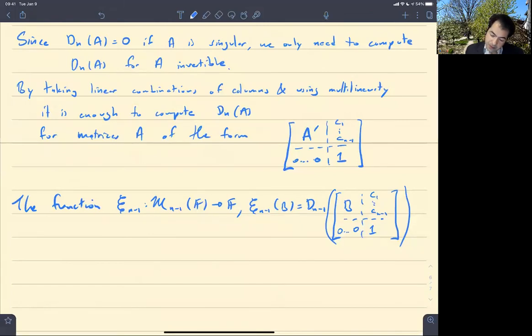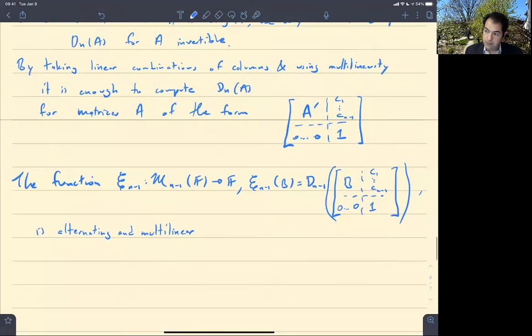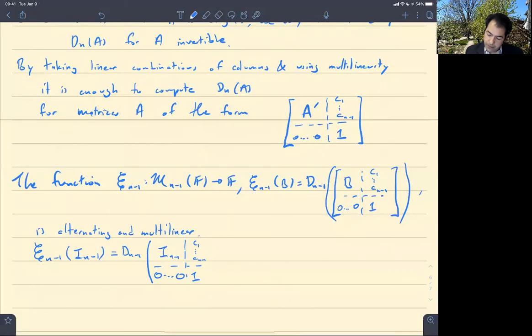Okay, but now it's easy to see that this function is alternating and multilinear. If you start with the n minus 1 times n minus 1 identity matrix, then you would have d_n of the identity, zeros on the bottom, and these constants, whatever they are, over here.